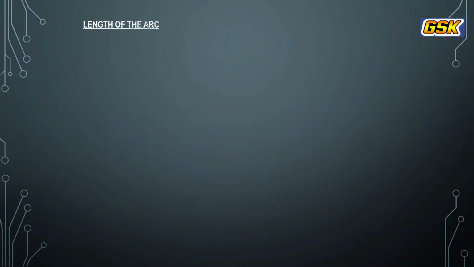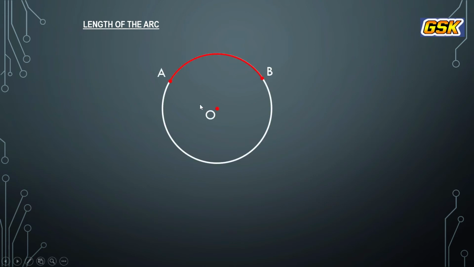Next, the length of the arc. So how can we calculate the length of the arc? I'm taking AB as an arc. Now I want to calculate the length of this arc AB.